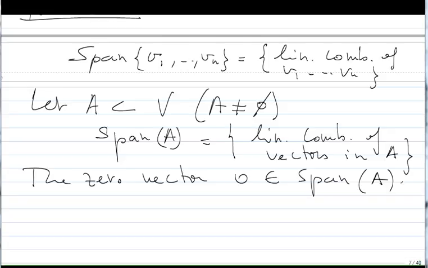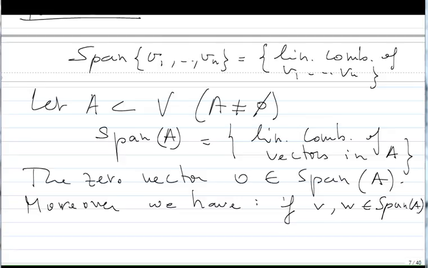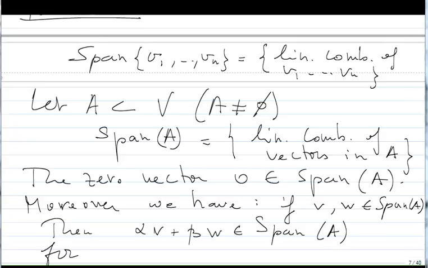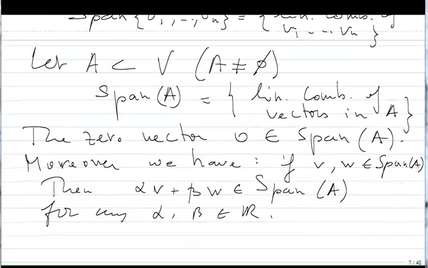And number two, moreover, we have another property: if v and w are in the span, so I have two vectors that are linear combinations of vectors from A, then it's easy to see that alpha v plus beta w belongs to the span of A for any alpha, beta in R. Okay, so in other words, a linear combination of linear combinations is also a linear combination.